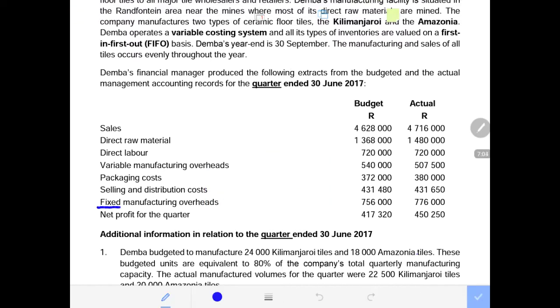We are provided with a fixed manufacturing overheads of 756,000 and 766,000, which is actual information. And we know that in order for us to calculate break-even point, we say total fixed cost.